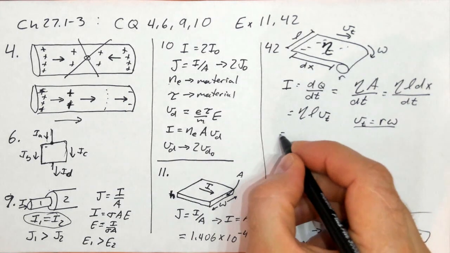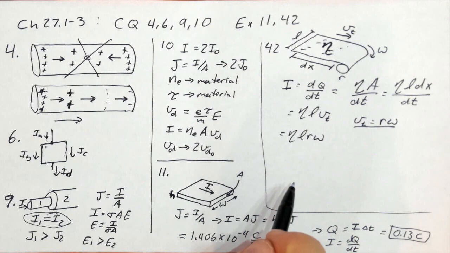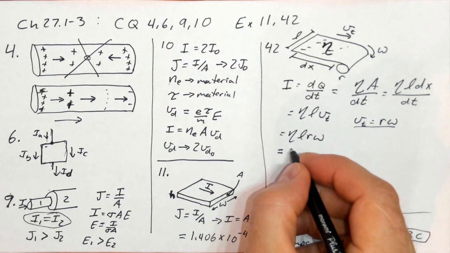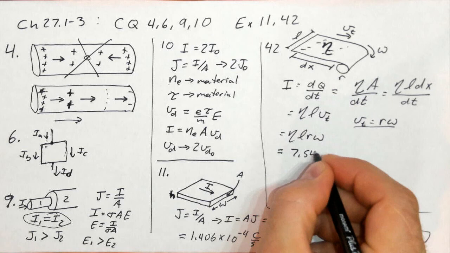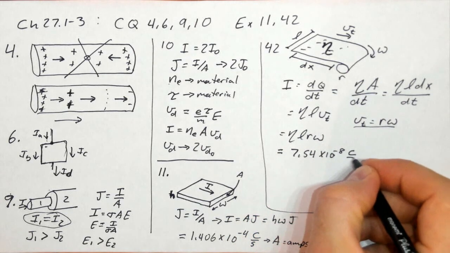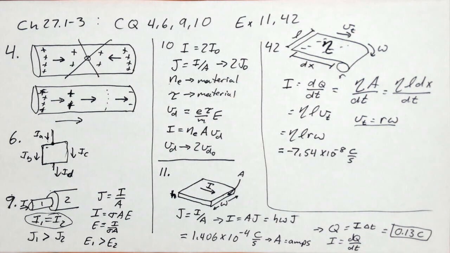So we have eta L r omega, and now it's all in terms of numbers we know. If you plug that in, we get a current of 7.54 times 10 to the negative 8 coulombs per second. And it's negative because it's negatively charged. We're depositing negative charge there.